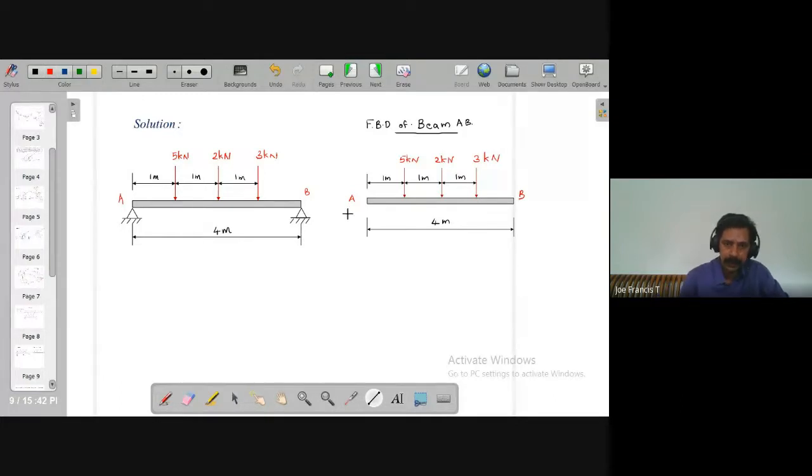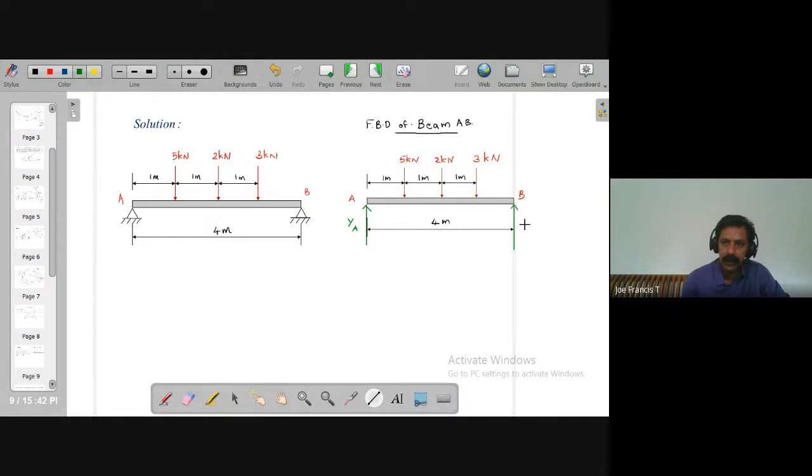A, vertical reaction. We have a reaction at A. I'll put it as YA. Say vertical reaction. Now, your reaction at B, reaction down.